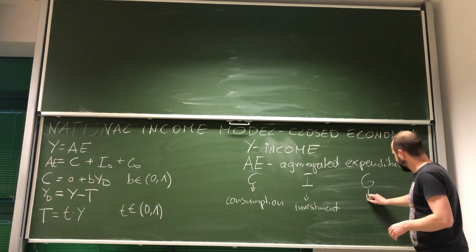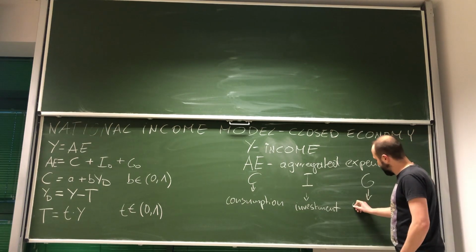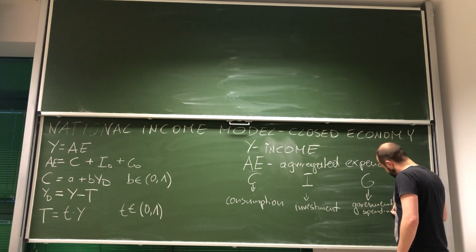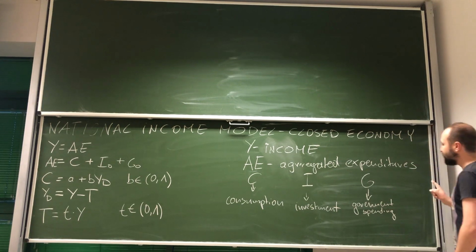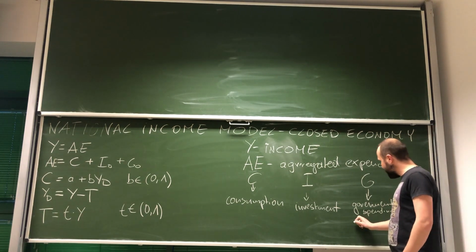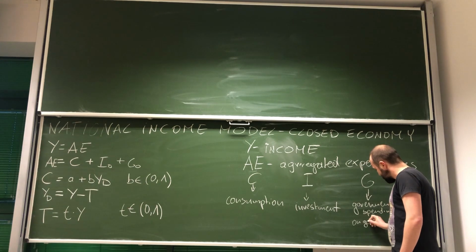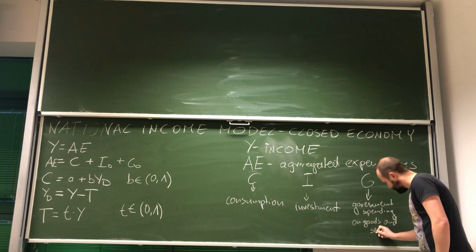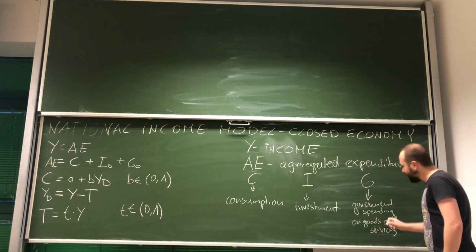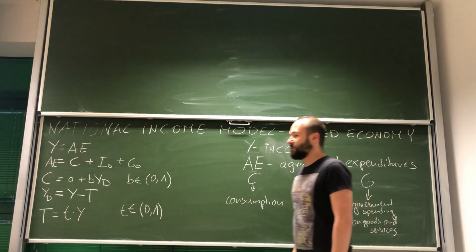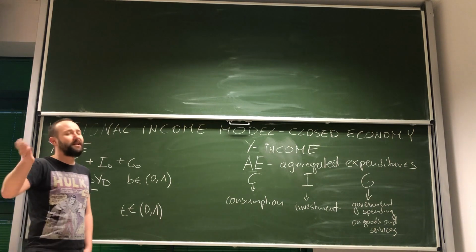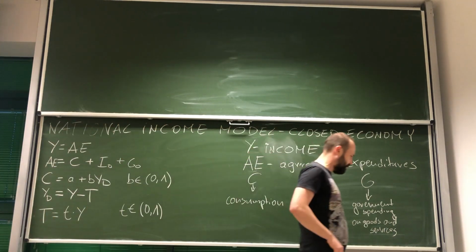And finally, there is government spending. But what is important to remember is that this is government spending on goods and services. What do I mean by that? Look, government has generally two different types of spending. Of course, you can divide it into many categories, but from our perspective, the two are important.